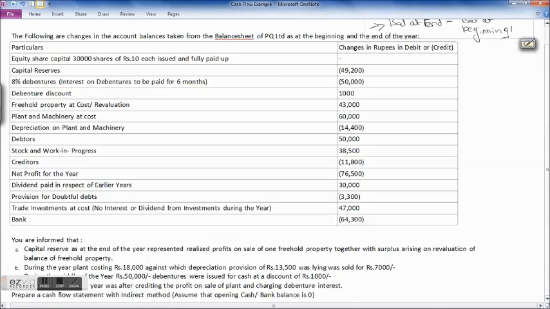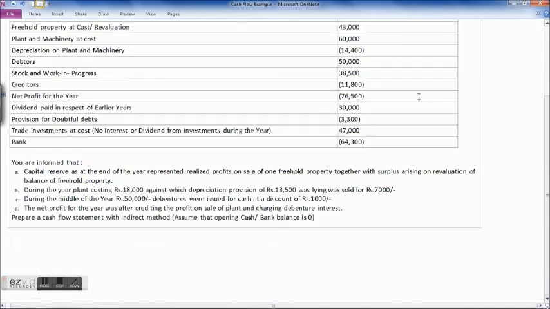Then creditors, 11,800 credit balance. Net profit for the year is 76,500. Again it's a credit balance, right? Net profit will be shown under reserves and surplus, so it will have a credit balance. So there is an increase in the credit balance of reserves and surplus by 76,500, which is nothing but net profit for the year.